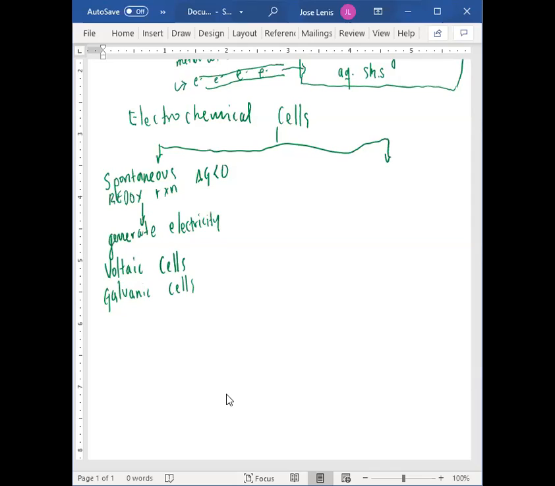I recommend you watch the video I posted on the Blackboard about this genius of science who invented the first voltaic cell. Also, they are called galvanic after Galvani. He was working on similar types of electrochemical cells to generate electricity. Another name we have for these voltaic cells is just batteries.